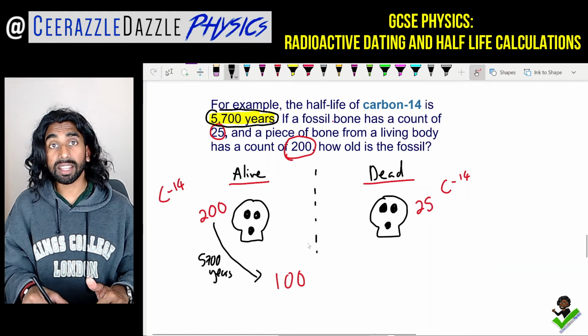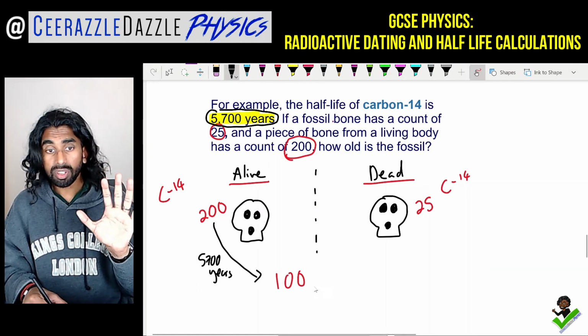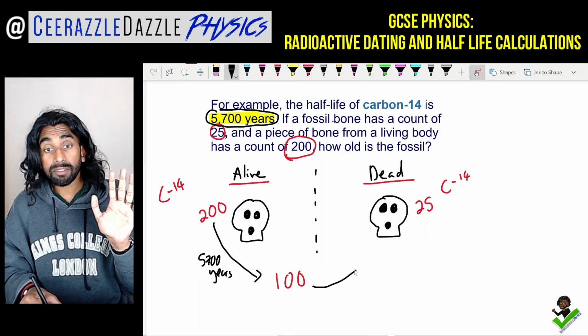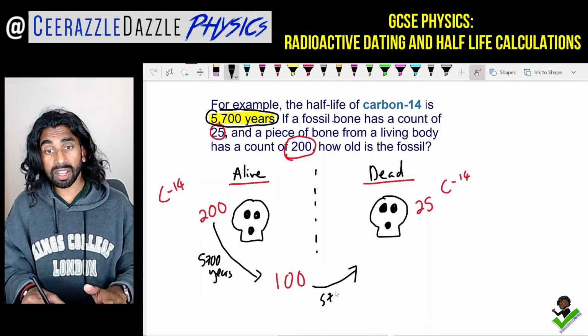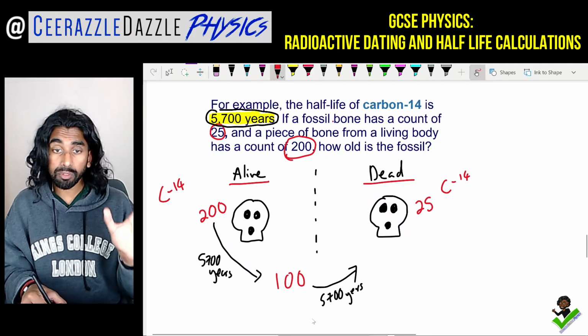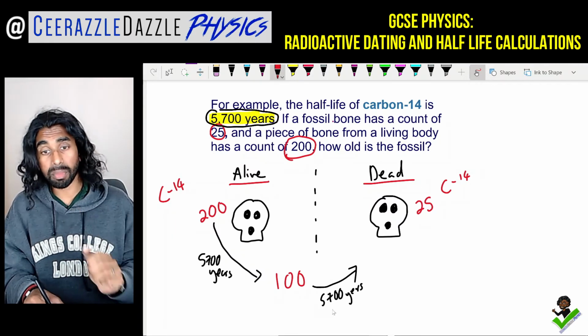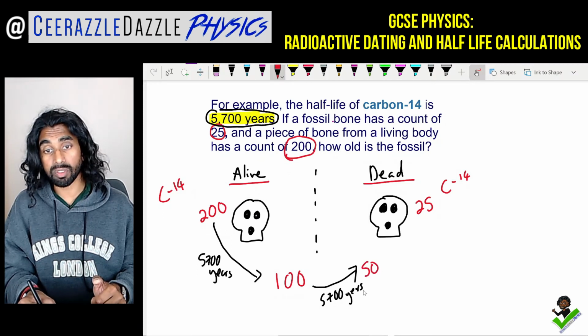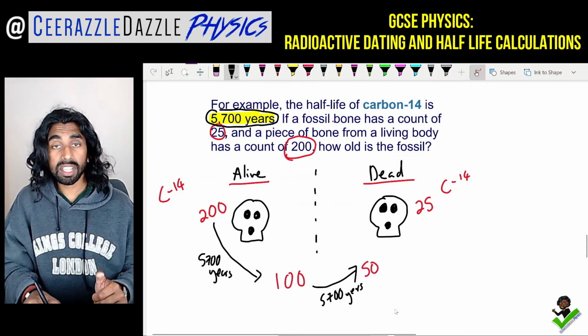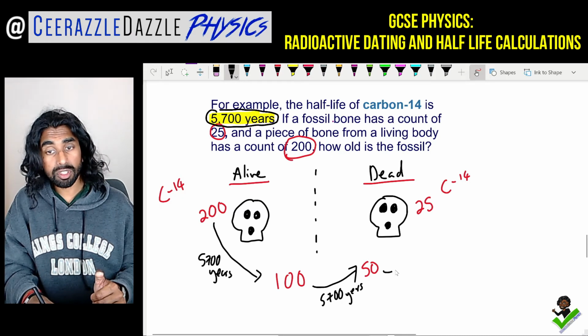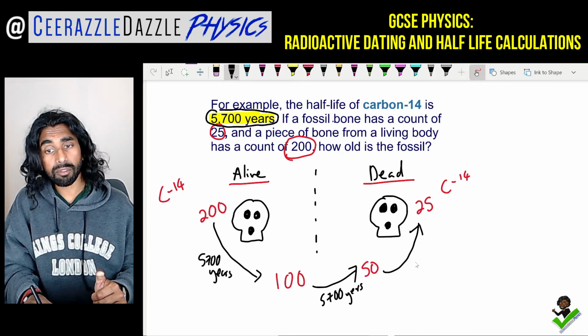Okay, right, nearly there. So now we're at 100. What happens if another 5,700 years pass? Well, we'll end up with half of the original because the half-life decreases it by half the amount. So we end up with 50 over here. Then we're trying to get to 25, so it must be another half-life, 5,700 years.